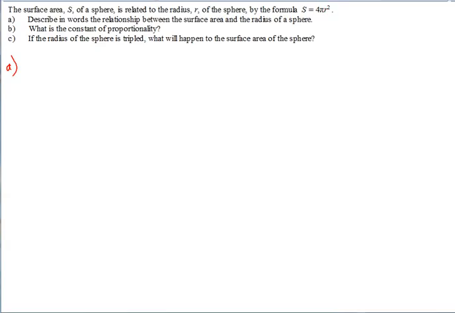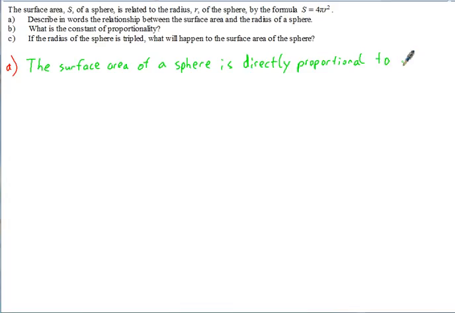So the way you could say this is the surface area of a sphere is directly proportional, or you can just say proportional, it's the same thing, to, but it's not the radius, notice it's R squared, to the square of the radius of the sphere, which is what R stands for.